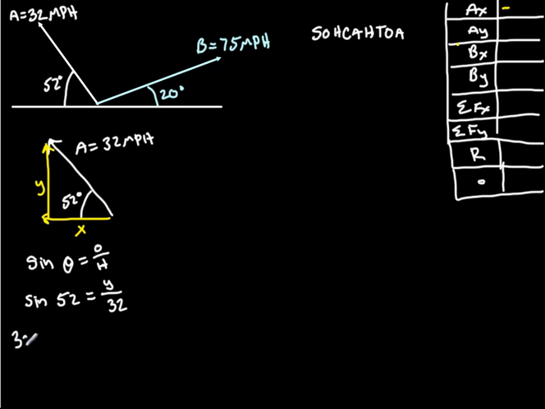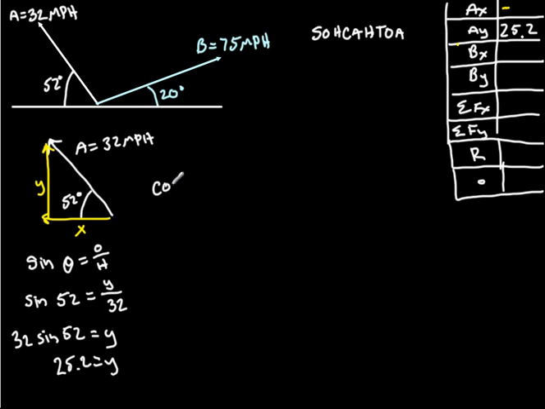So it becomes 32 sine of 52 equals Y, and when you're putting it into your calculator, you want to verify that you are in degrees, not radians. You get 25.2 miles per hour. I'm not going to put the units in yet. So our Y, we're going to come up here, we're going to do 25.2 miles per hour, which we'll worry about later.